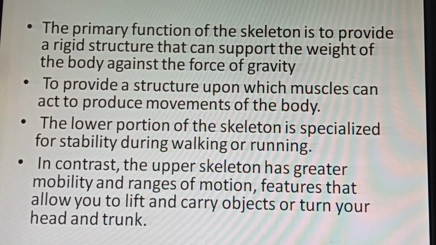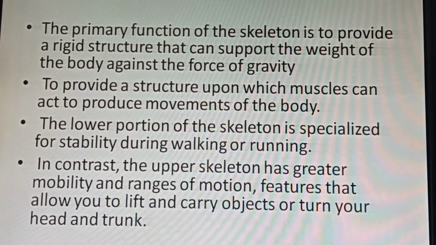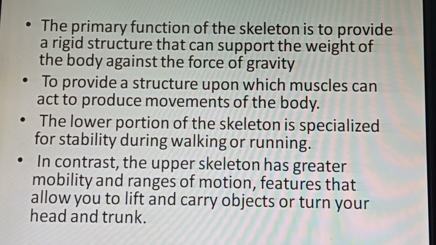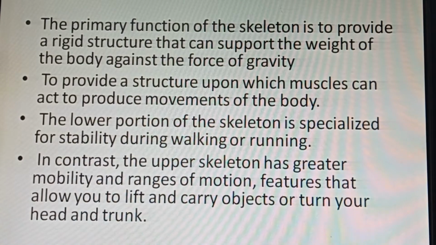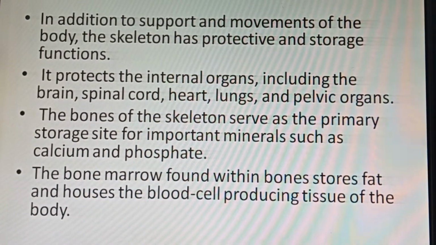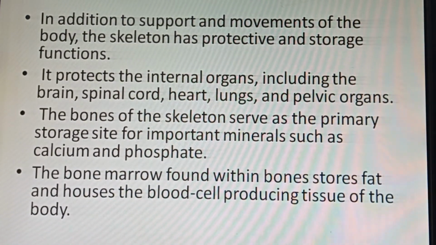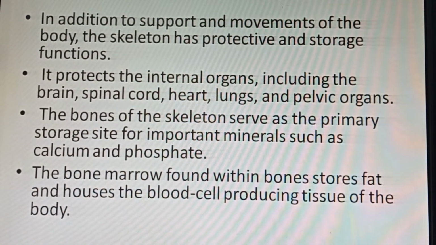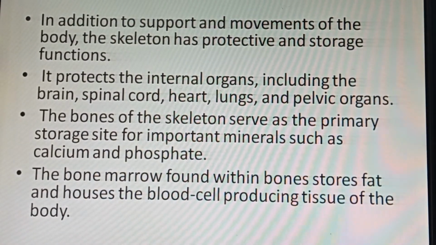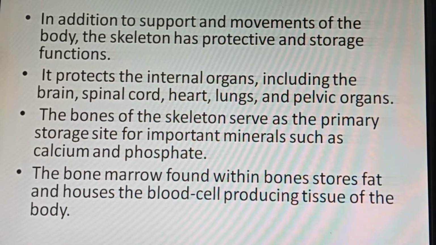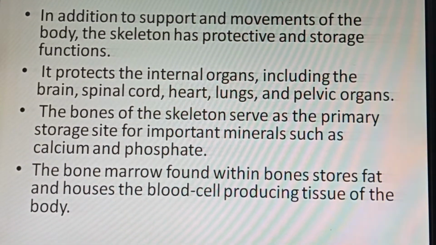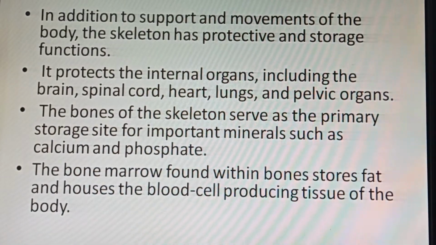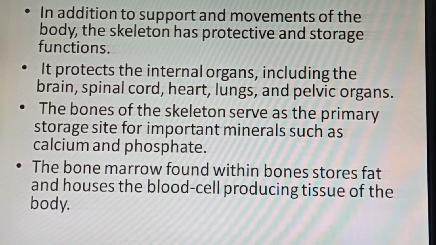It has different joints which help to lift and carry objects or turn your head and neck or trunk. In addition to these support and movements, it also helps in the protection of internal organs like heart, lung, brain, spinal cord, and pelvic organ. It is storage house for calcium and phosphate and other important minerals too. Bone marrow helps in the production of blood cells.